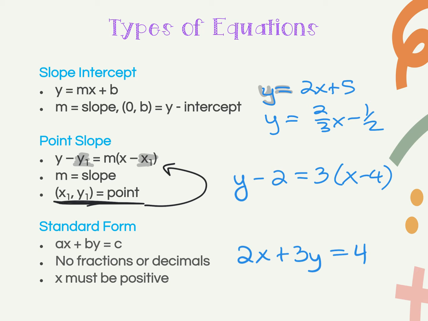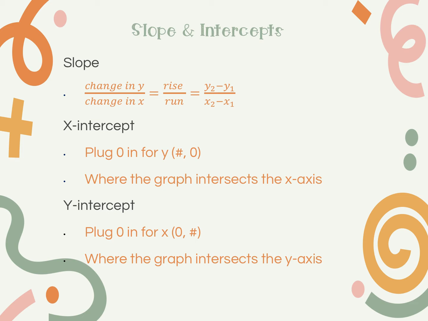Let's look and see what the slope formula is on the next slide. So the formula, remember, it's the change in y divided by the change in x. It's also known as rise over run. So what you're going to do is subtract the two y coordinates on the top of the fraction and then the two x's on the bottom. So you'll be given two ordered pairs.